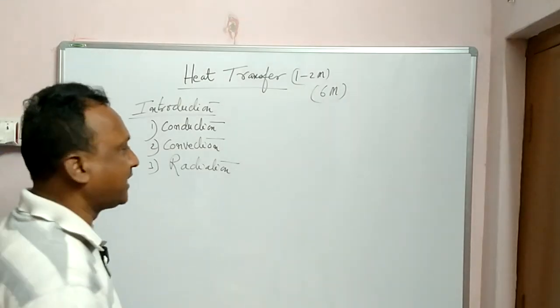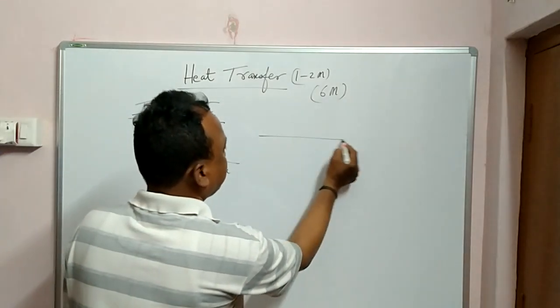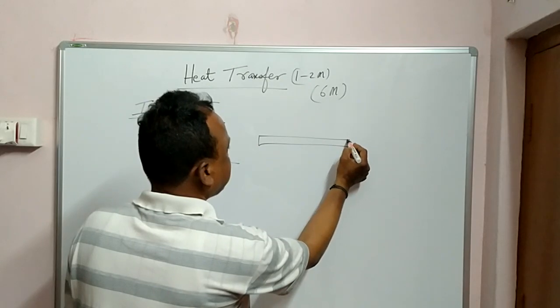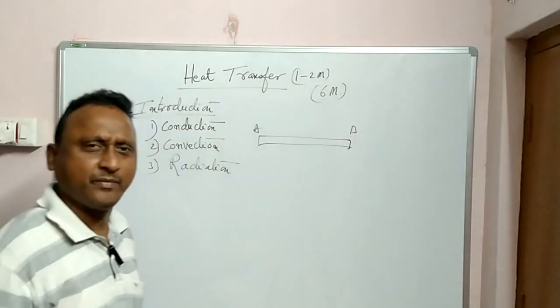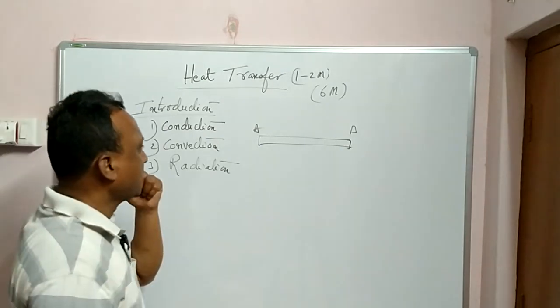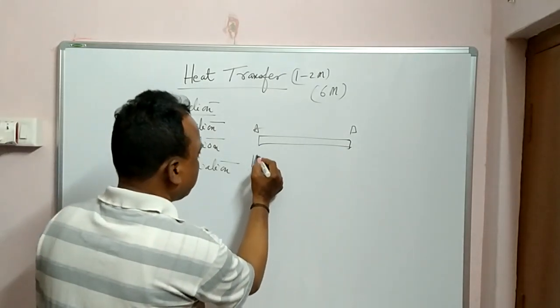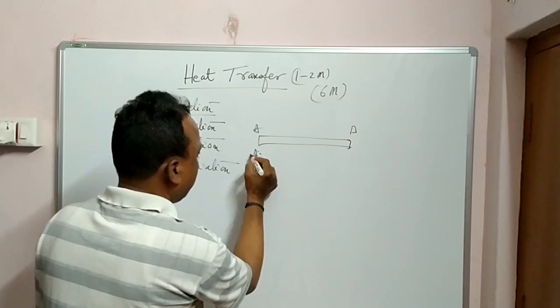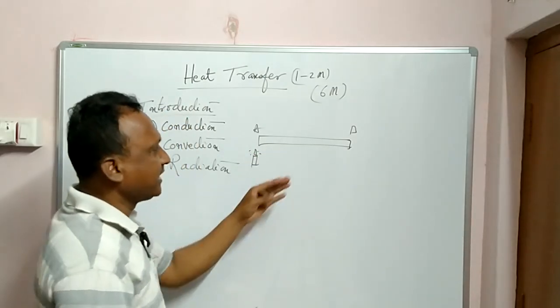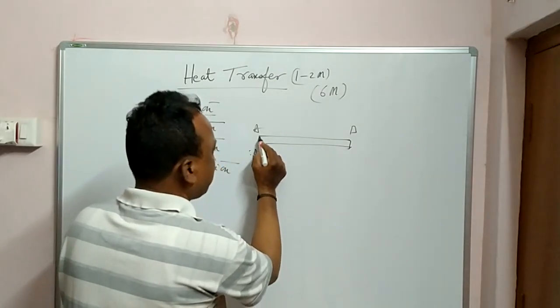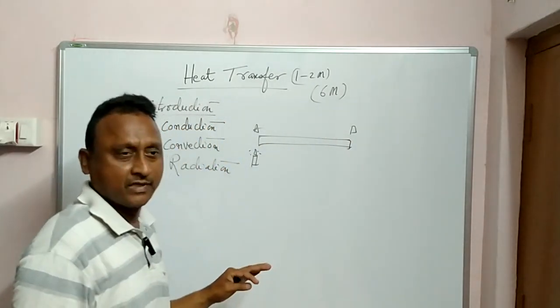In the conduction method, for example, all metals are very good conductors of heat and electricity, like iron, steel, aluminium. Suppose you heat one end of a rod; after a few minutes you can see the heat is transferred from this end to the other end gradually.